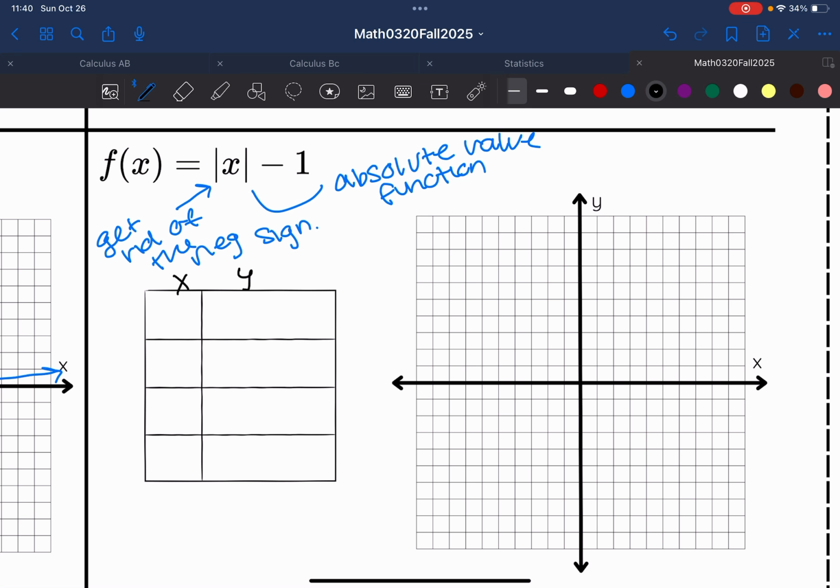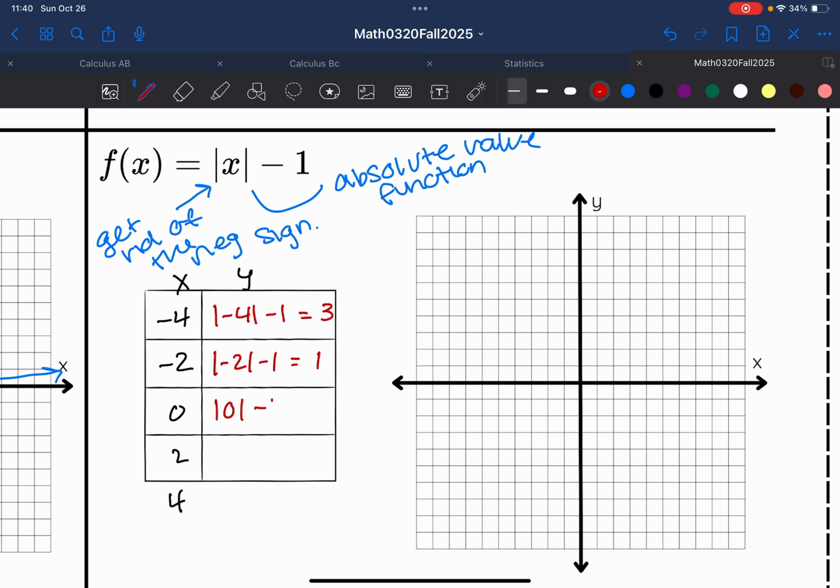Okay, so I'm going to use my same numbers. -4, -2, 0, 2, and 4. And I'm going to plug it into my equation. So absolute value of -4 minus 1. Absolute value of -4 is 4. 4 minus 1 is 3. Absolute value of -2 minus 1. Absolute value of -2 is 2. 2 minus 1 is 1.